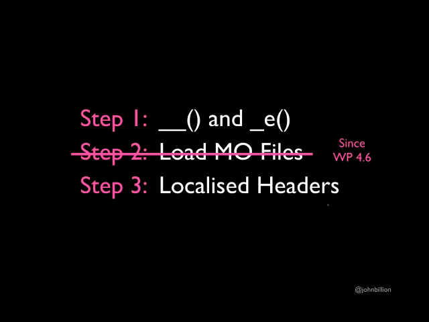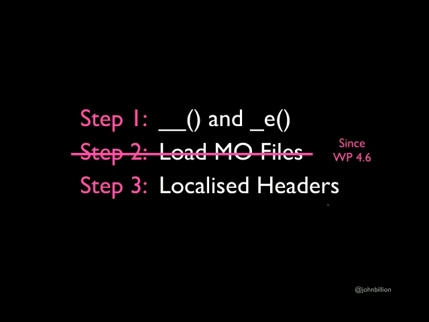So this step 2 is technically optional now. However, because it was only introduced in WordPress 4.6 just a few days ago, I would not skip that just yet. You'll need to wait until WordPress 4.6 has been out for much longer and more people are using it before you can think about avoiding doing step 2.